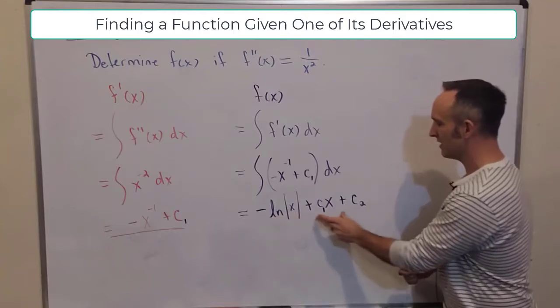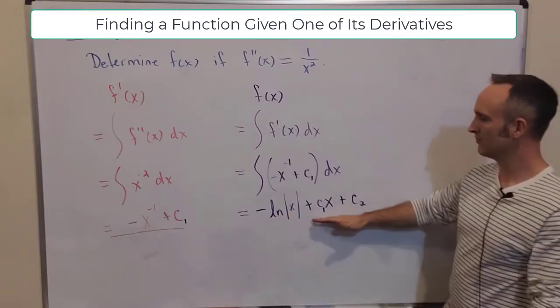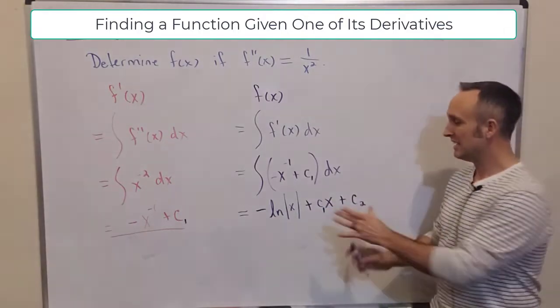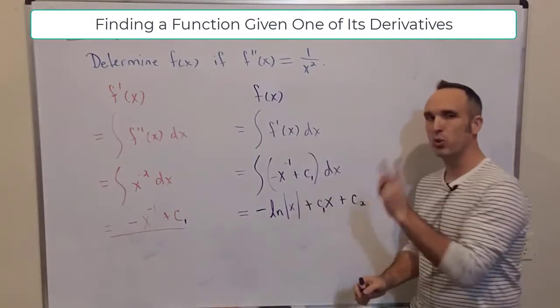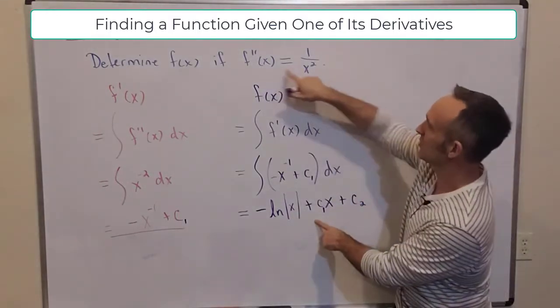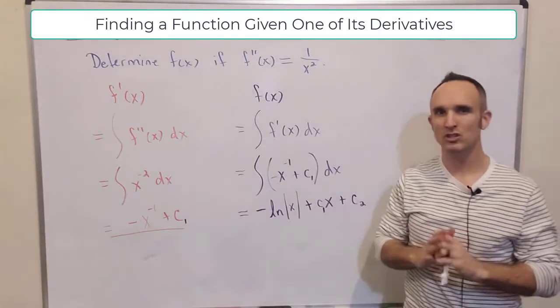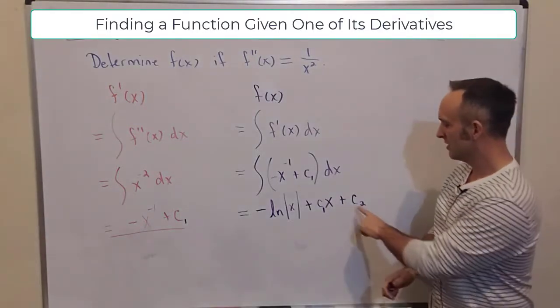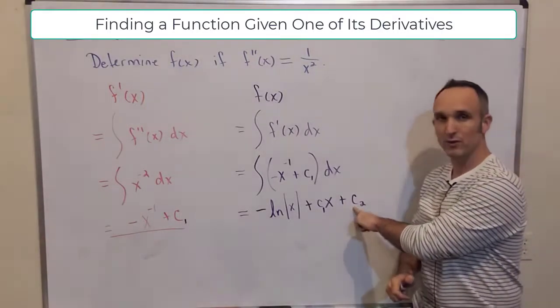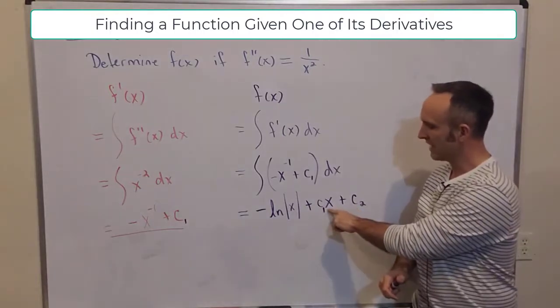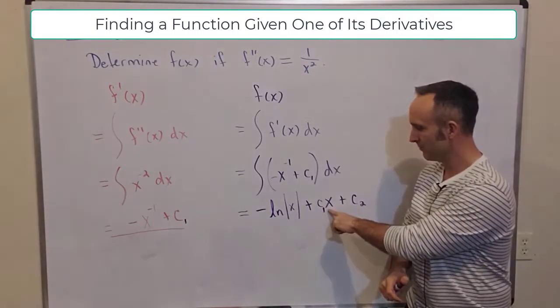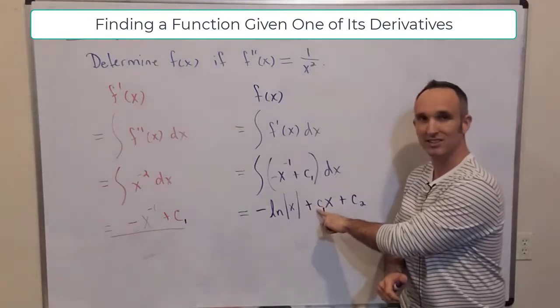And so now we see that we get this new function such that if I were to differentiate this twice, I should get 1 over x squared. And you should try that out and make sure. This constant's going to go to 0 on the first derivative. This x is going to go away on the first derivative. So on the second derivative, the constant's going to turn into 0.